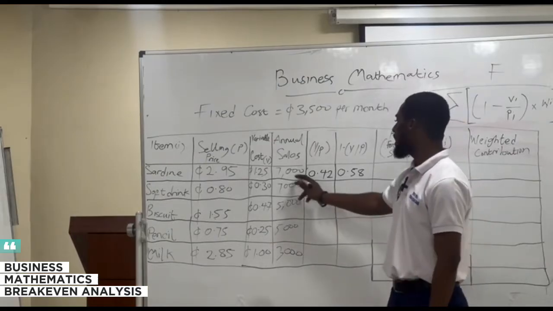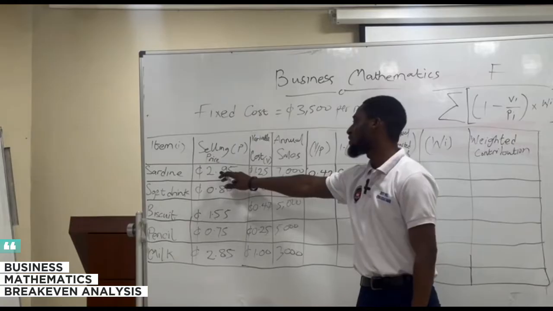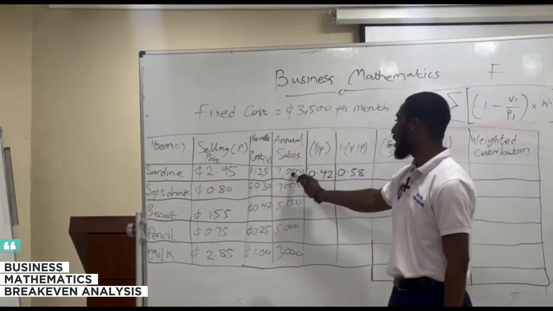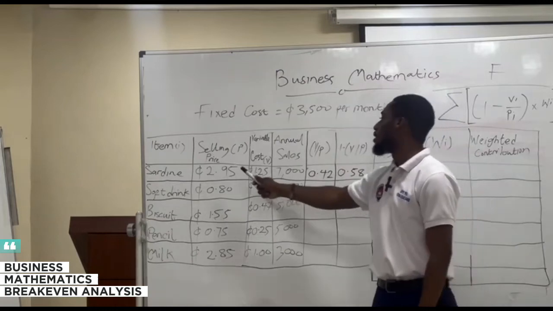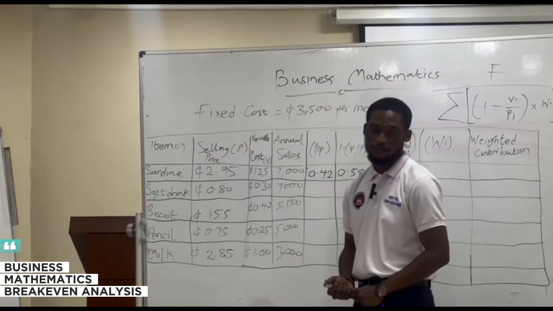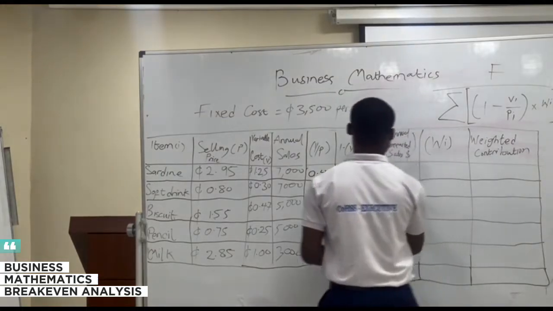So we multiply 7,000, which is the annual sales, by the selling price for sardine, 2.95. And here we get 20,650.